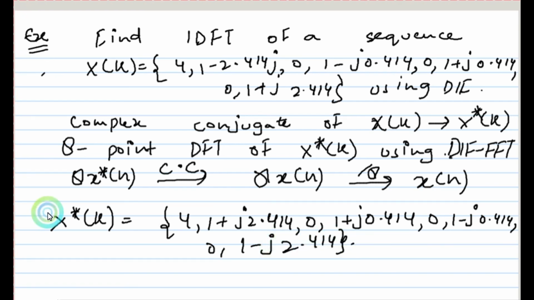So the first step is done, we have found the complex conjugate of x of k. Now the second step is to find the 8 point DFT of x conjugate k using the DIF FFT algorithm.